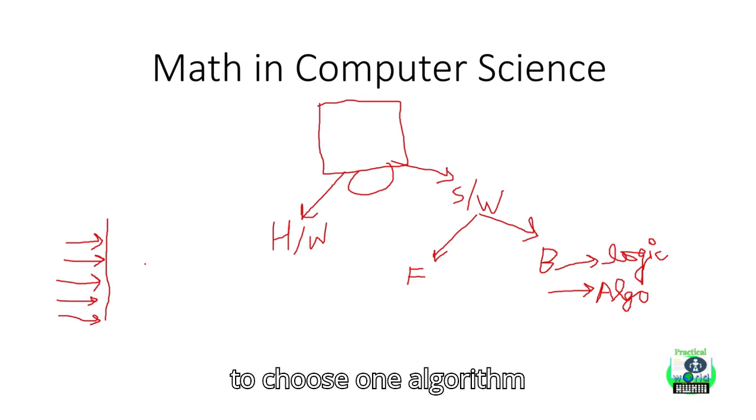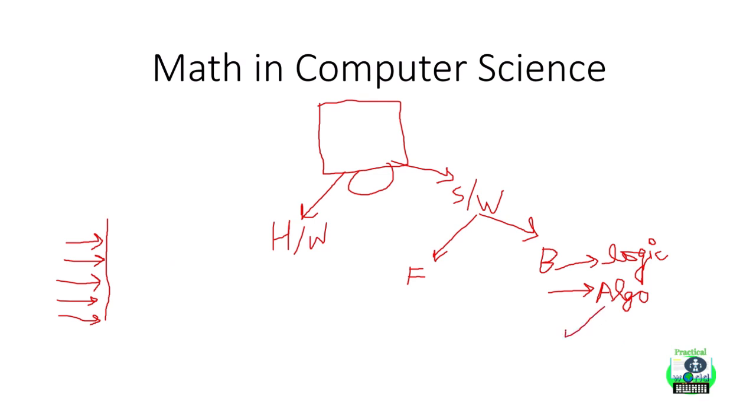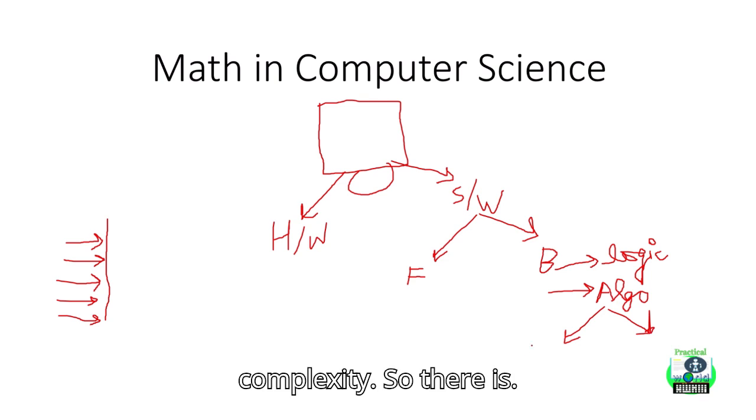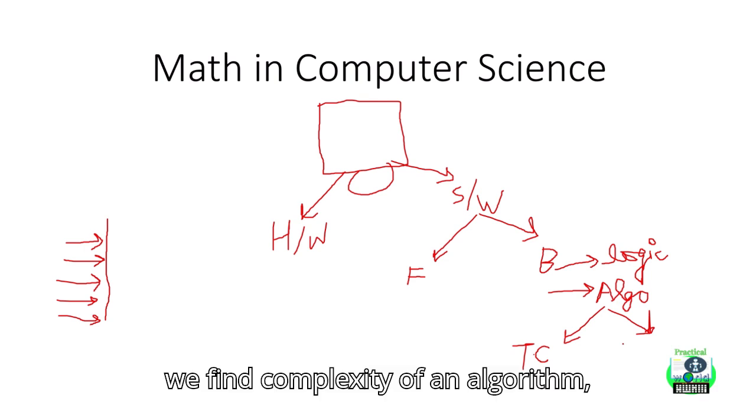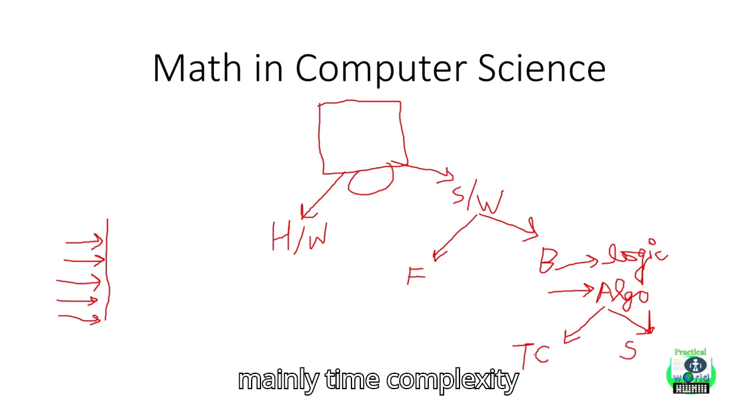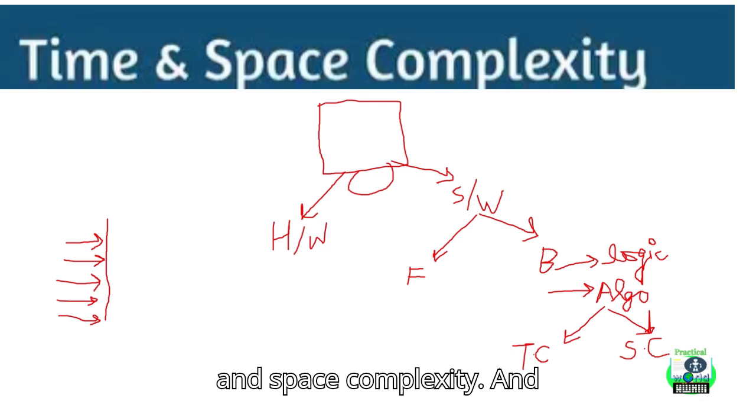So to choose one algorithm, we use complexity. Now to choose the best algorithm, we find the complexity of an algorithm, mainly time complexity and space complexity.